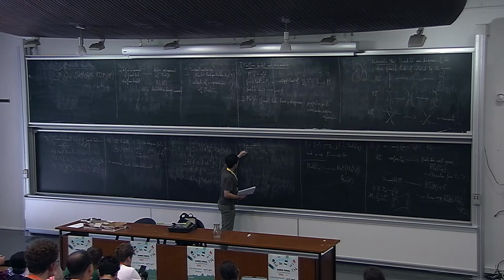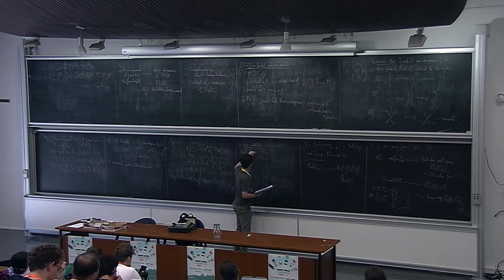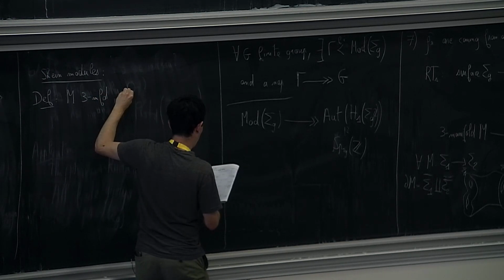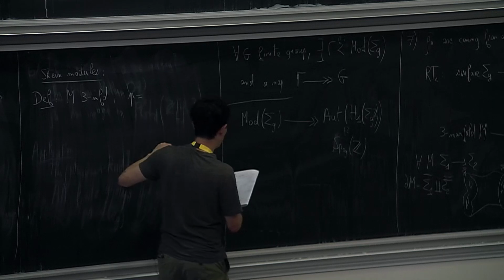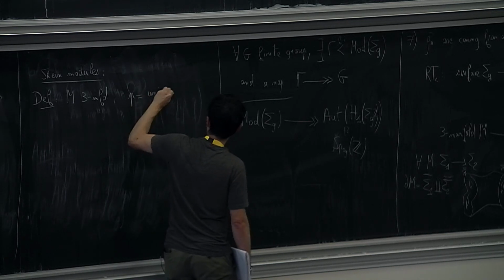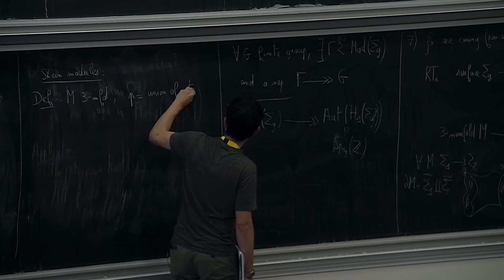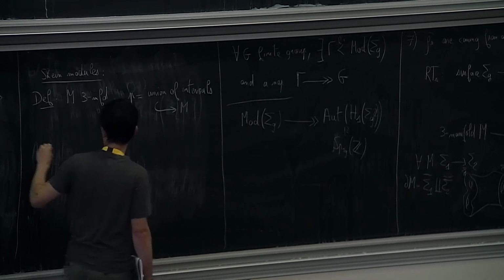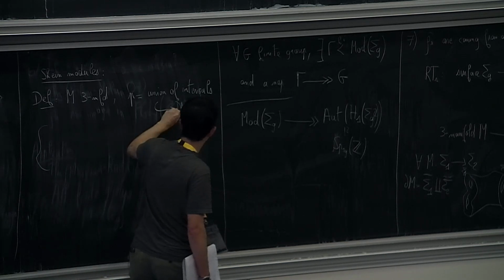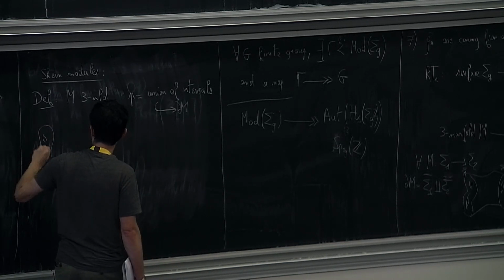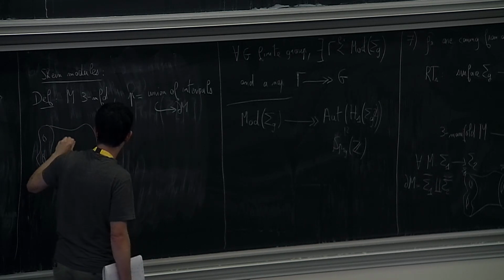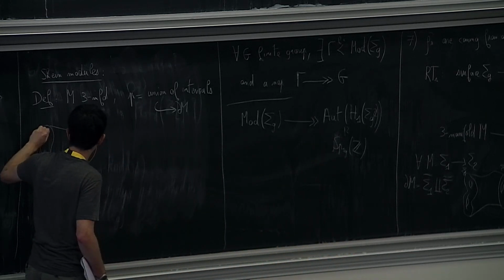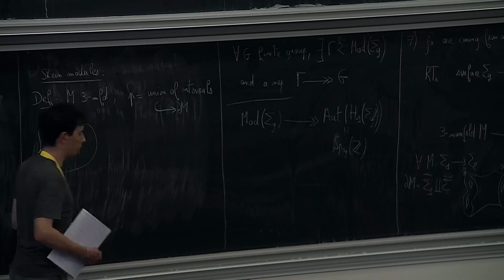So I take M a three-manifold, and I can also take P to be a union of intervals embedded in the boundary of M. It could look like this: I have my manifold M here, and I want to have some little intervals embedded in the boundary.